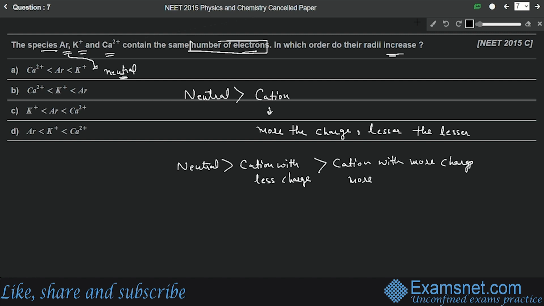So the more electrons removed, the lesser will be the radius. So here the neutral one is argon, then the cation with less charge is K plus and the cation with more charge is calcium 2 plus. So this will be the correct sequence. Let's see which one is the correct answer. Argon maximum, then potassium plus, then calcium 2 plus. So option B will be the correct answer.